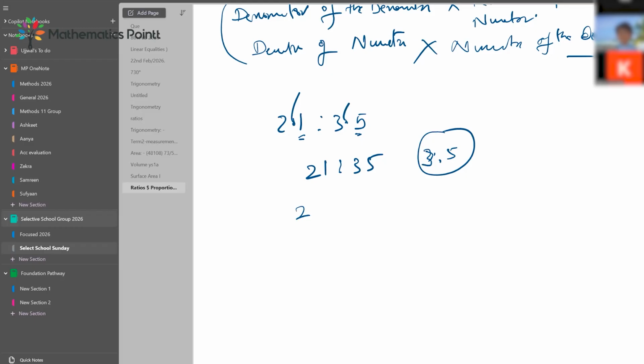The other way is converting this into a fraction, which is 2.1 becomes 21 over 10, and 3.5 becomes 35 over 10. And now, as I said, in the world of fractional ratios, the denominators are the same, so you can cancel them. And this becomes 21 ratio 35, which is 3 ratio 5.